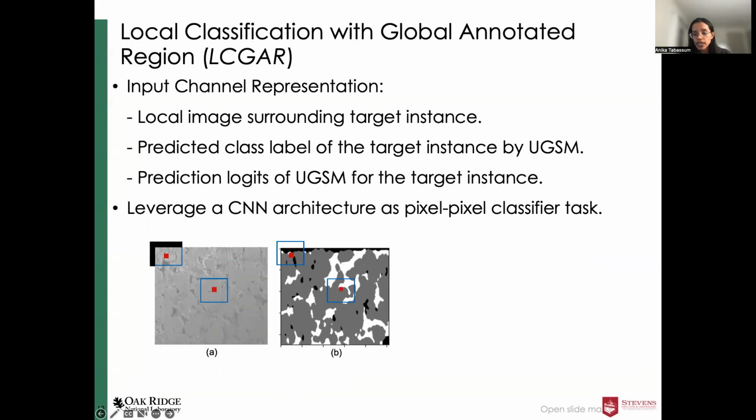And for that, we designed our input channel to consist of not just the local image surrounding the target IDK pixel, but also the global model output features, that is the predicted class labels of each target IDK pixel, and also the prediction probability obtained by the global model for each of these IDK pixels.